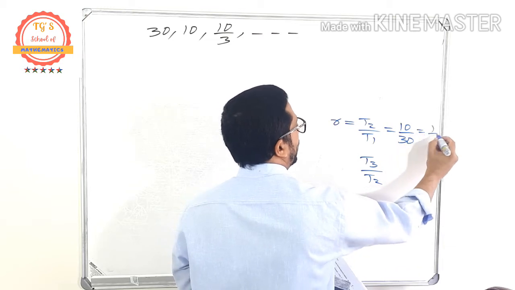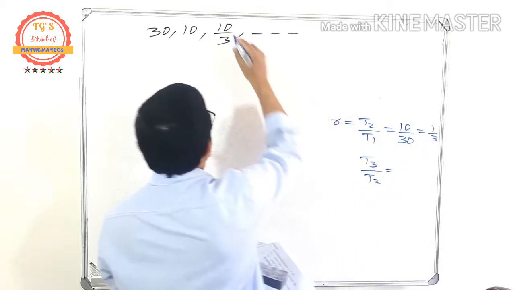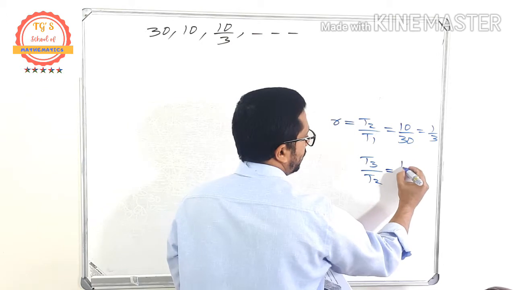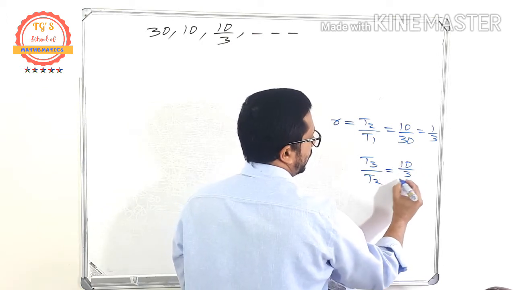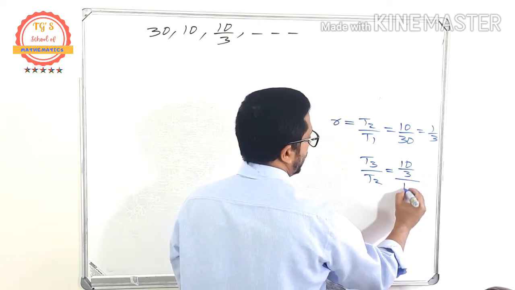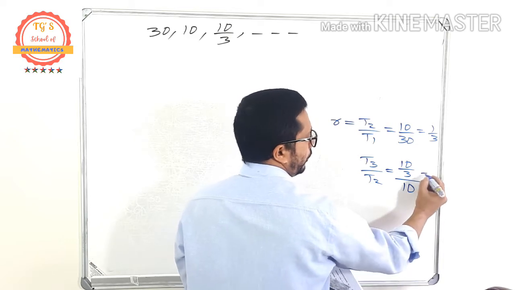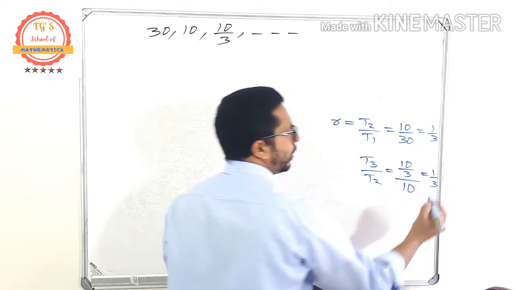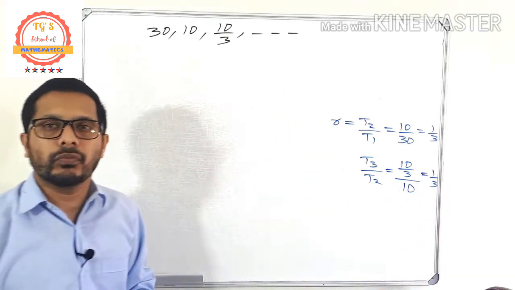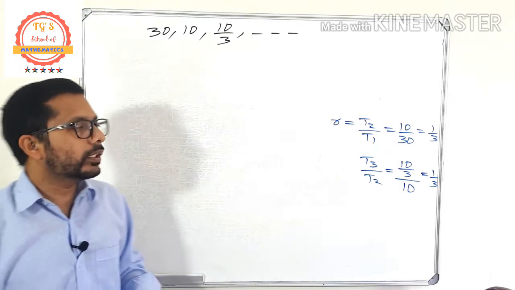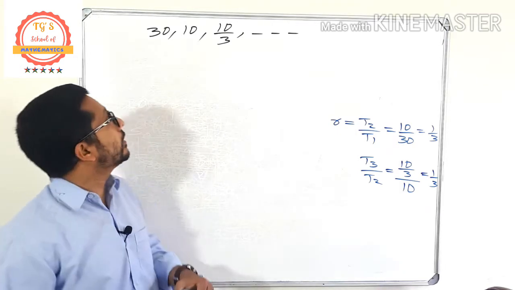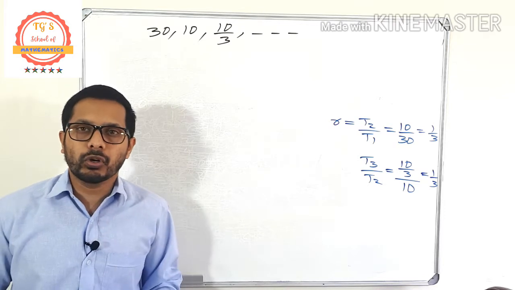That means 1 over 3. Or 10 over 3 divided by 10. If you check in your calculator, there also you will get the answer as 1 over 3. So it means that the common ratio in this given sequence is 1 over 3.